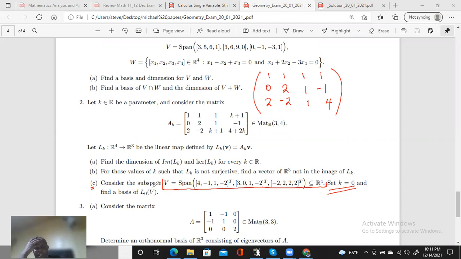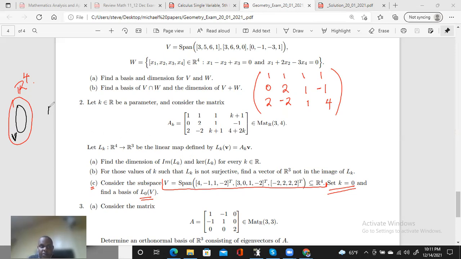And so they want us to take the matrix L0 and find a basis for its image. So this is R4, right? Inside R4, we have another space, V. Now V is this span.